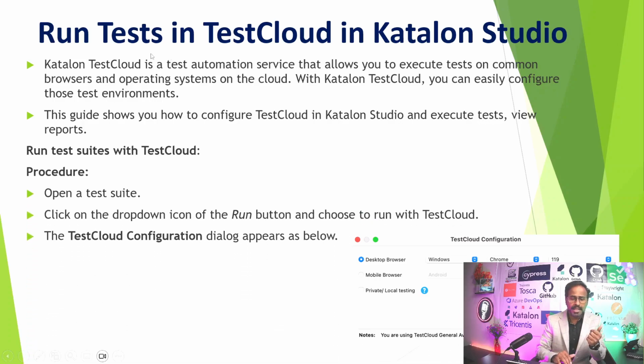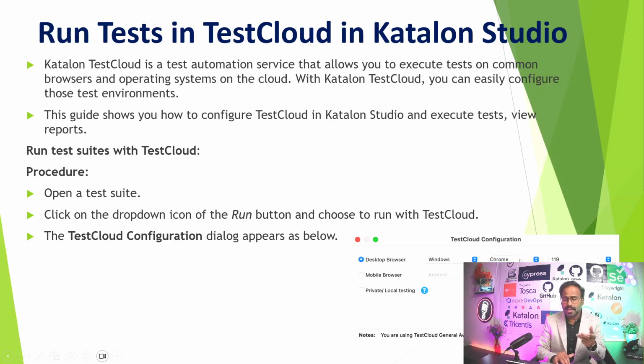First, we are going to open TestSuite in Katalon Studio, and then click on drop-down icon of Run button and choose to run with TestCloud. Instead of selecting your browser directly in Katalon Studio, so this time we are going to select TestCloud. So the TestCloud configuration dialog appears as shown here. Now here, if you want to run your scripts on desktop browser, you can select desktop browser. If you want to run on mobile browser, you can select on mobile browser. And then you select operating system that you would like to use, Windows, Linux and Mac.